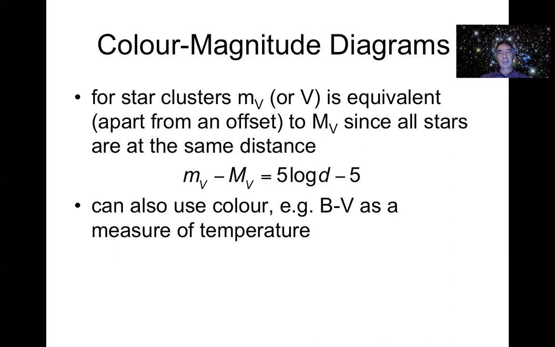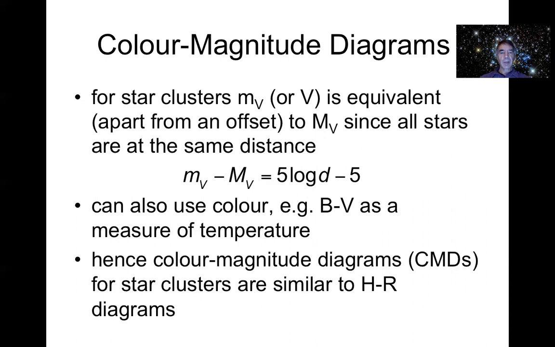So literally, you just take a picture of your star cluster in the blue filter, a picture in the V filter, calibrate everything so you can measure the fluxes and magnitudes correctly, and you can plot your diagram straight away. So it's a good shortcut to getting a quick HR diagram without any of the bother.